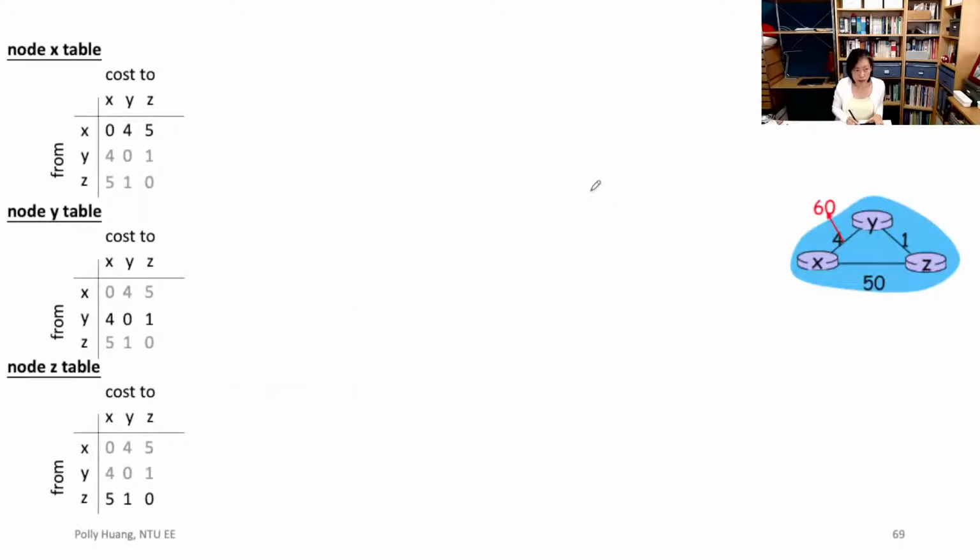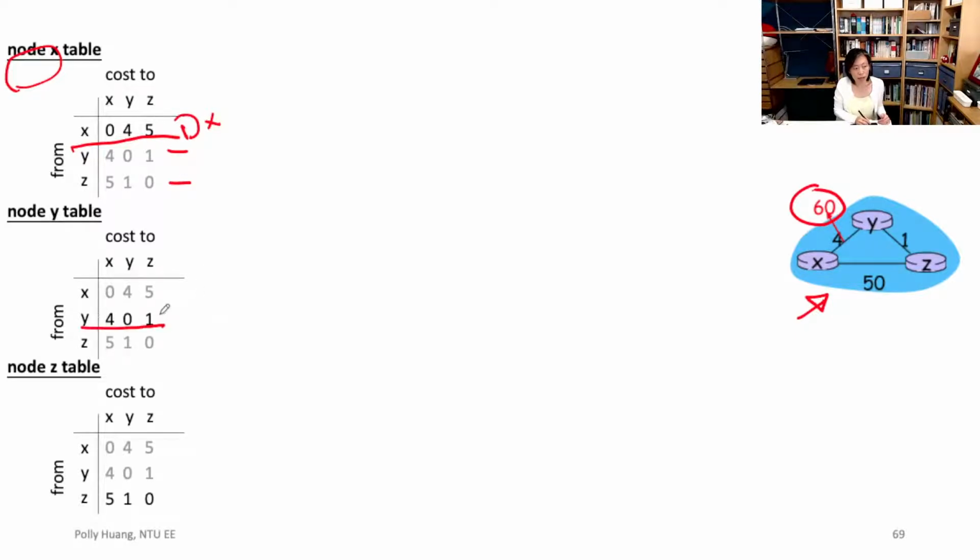Let me set you up for the quiz. This is the topology, the network, and we're changing the link cost between x and y to 60. These are the tables before the change. At node x, dx is 0, 4, 5, and dy and dz are provided by node y and node z.